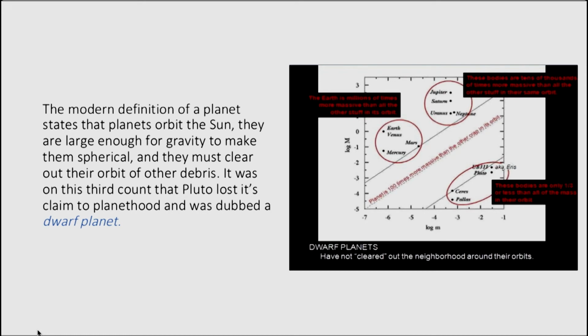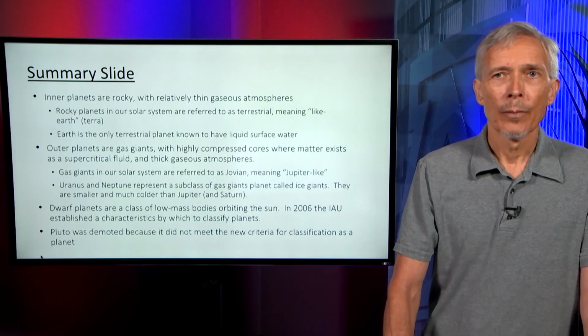The third and perhaps clinching aspect in the demotion of Pluto was the determination, again bolstered by simulations of the formation process, that Pluto had not cleared out a zone at its distance from the Sun. So by the triple criteria used for the definition of a planet, it was demoted to the status of a dwarf planet. And now we also know of another small set of dwarf planets along with it.